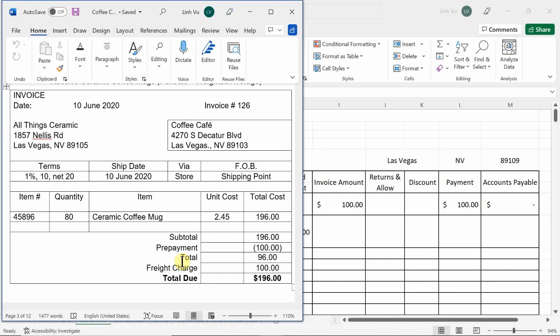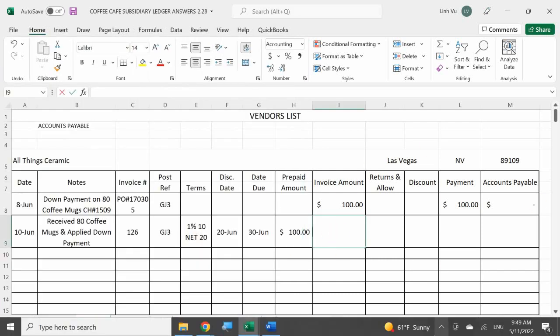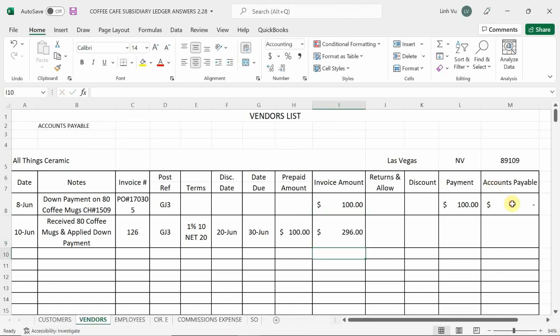In this case, let's take a look at the bill. How much would the bill be if you didn't have a down payment? 296. So that's exactly what you could do. Now, if you applied this formula correctly, you're going to take your invoice amount minus prepaid minus your returns minus discounts minus payments.